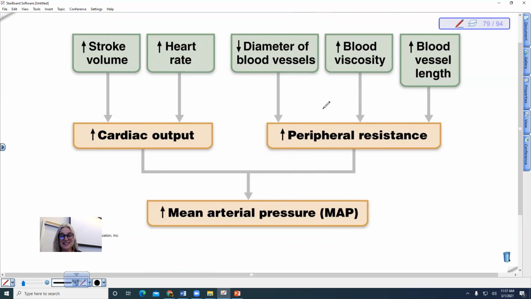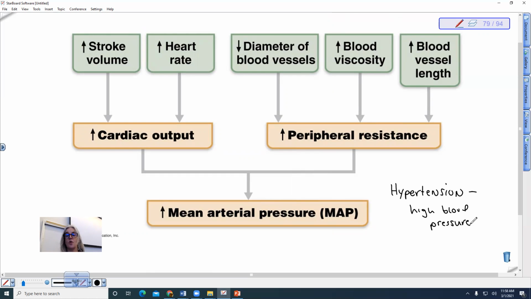So why is this significant? Remember that high blood pressure is termed hypertension, and high blood pressure has a variety of effects on the body. One thing it can do is damage your blood vessels, and it could lead to the formation of clots.